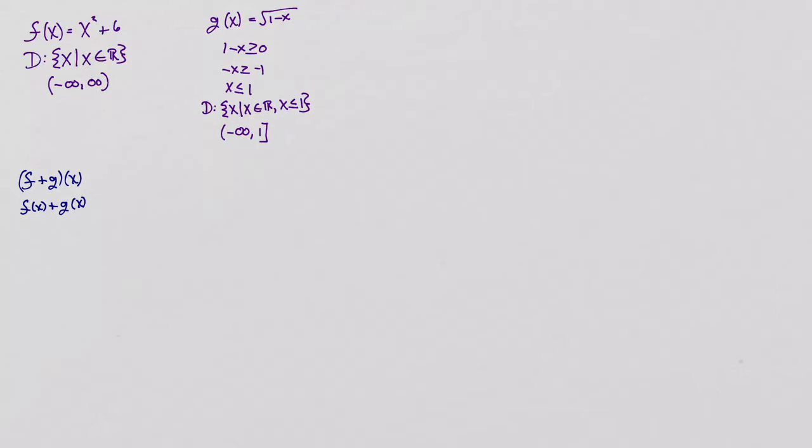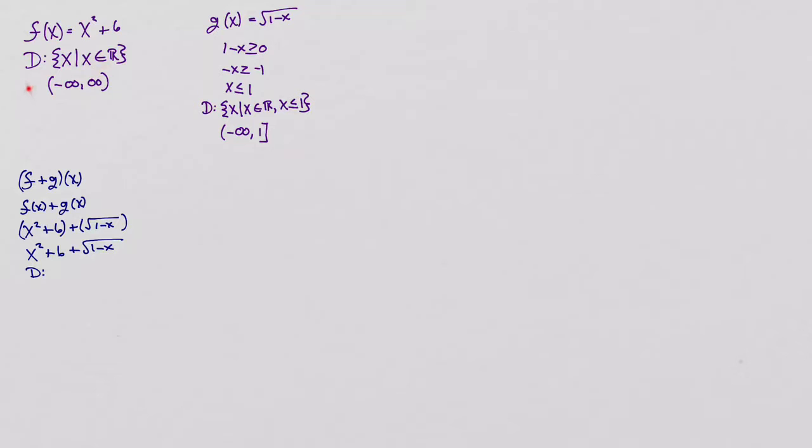My f of x is x squared plus 6. Then we're going to do plus my g of x, which is the square root of 1 minus x. Well, we can't really add these. I can ignore the parentheses, and we're going to have x squared plus 6 plus the square root of 1 minus x.